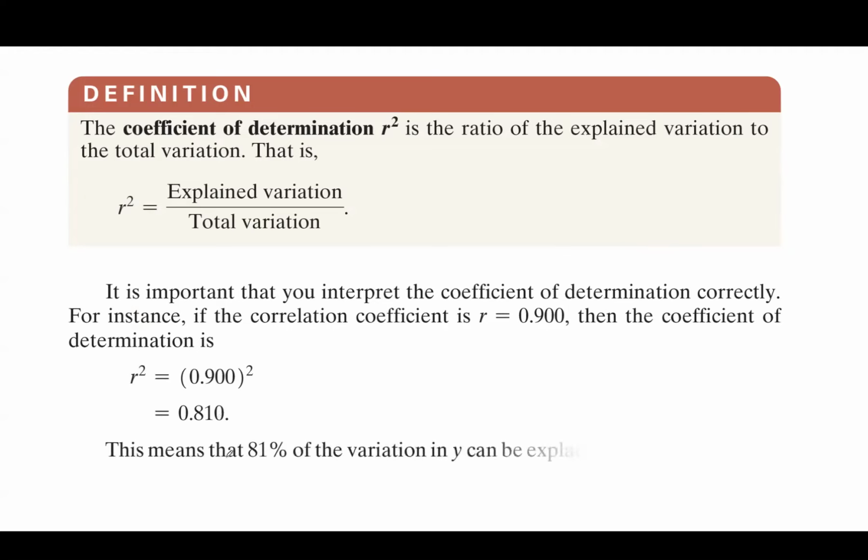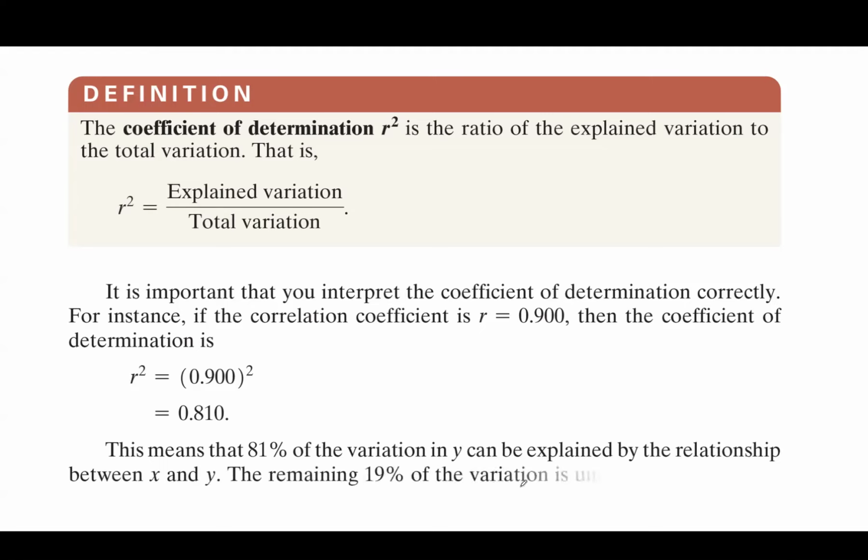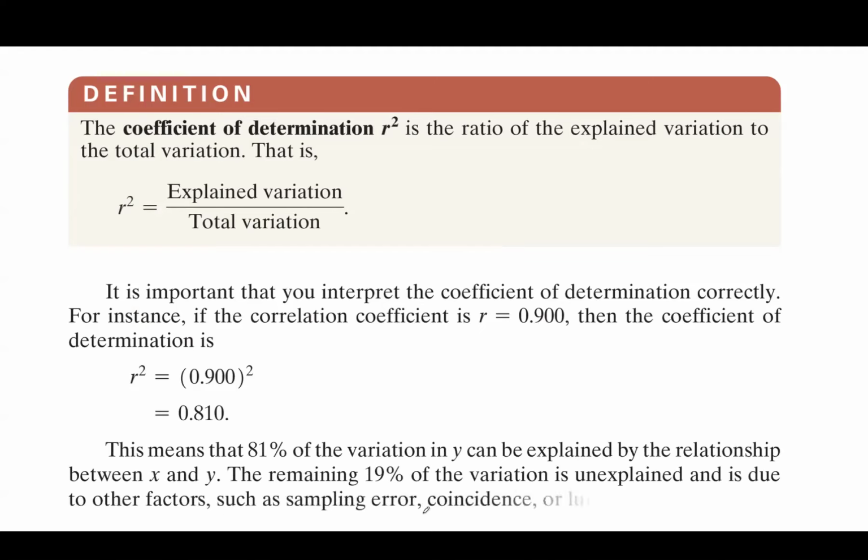It means that 81% of the variation in your y can be explained by the relationship between x and y. The remaining 19% of this variation is unexplained, and it's due to other factors. Like what? Like sampling error, coincidence, or lurking variables.